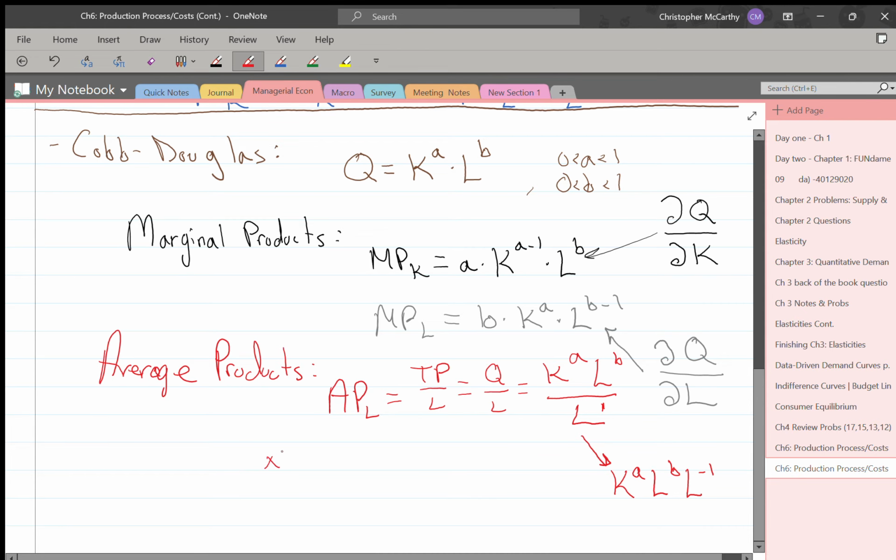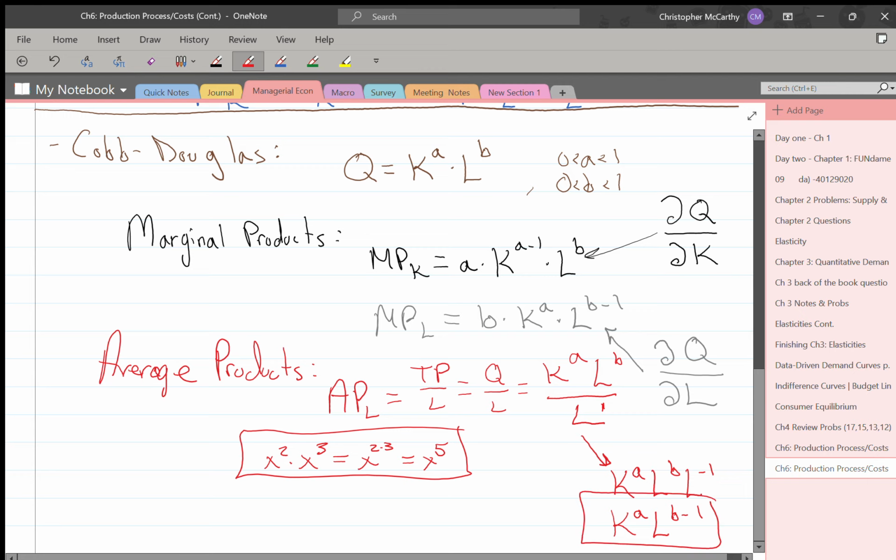When we have x squared and x to the third, that ends up equaling x to the 5th. Just one of our properties of exponential math. And so this same thing happens here. So it ends up being K to the A, L to the B minus 1. But again, this part the book doesn't require you to know, so you probably don't care.